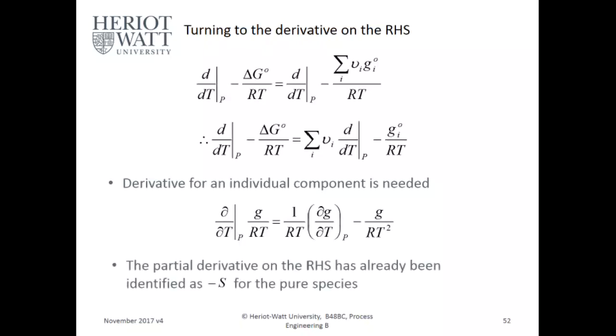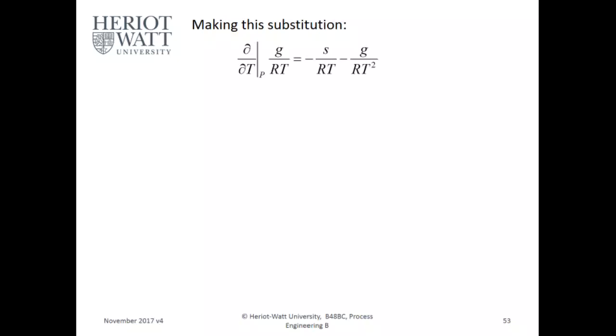And the partial derivative on the right-hand side has already been identified as negative S. You've seen this before from the previous topic for pure species. So the derivative with respect to T at constant pressure of G over RT equals negative S over RT minus G over RT squared, which equals minus TS plus G over RT squared.